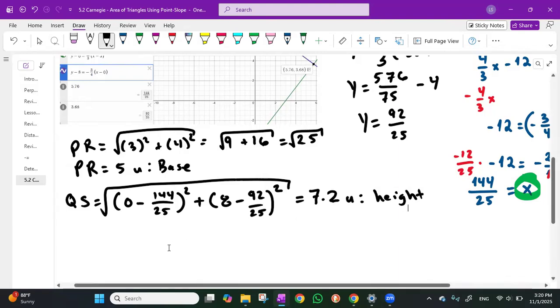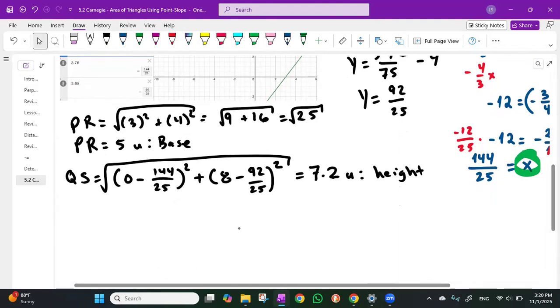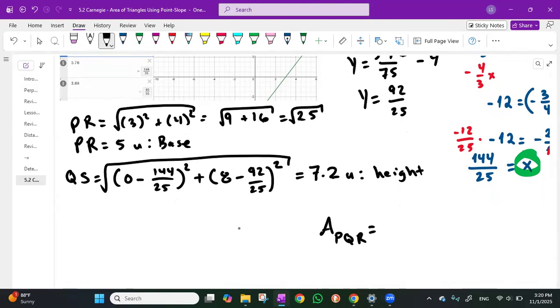Because you have that information now, you can get the area for PQR, which is going to be base times height. So the base is 5 units times 7.2 units divided by 2.